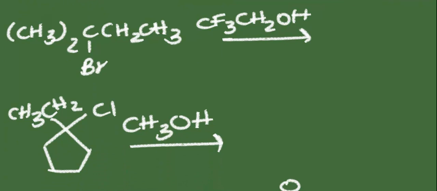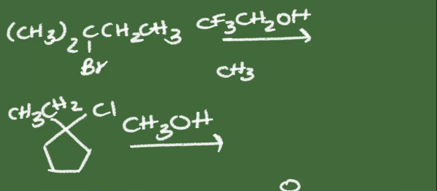Okay, next problem. We recognize that this here is our alpha carbon, this here is our leaving group, and since we have 2 carbons attached here and 1 there, it's a tertiary carbon. Our alpha carbon right here is a tertiary carbon. What that means is it's going to be SN1, just like I've said before, and our leaving group is going to leave, and our nucleophile is going to attack. So our product will be exactly the same, except the bromine won't be there, and our nucleophilic atom will be attached to the alpha carbon.